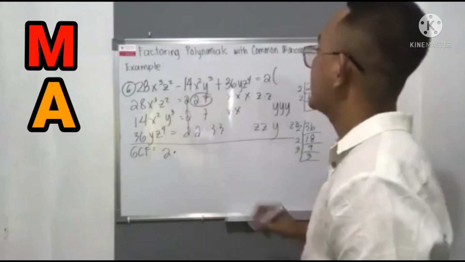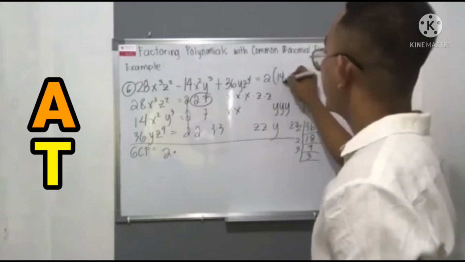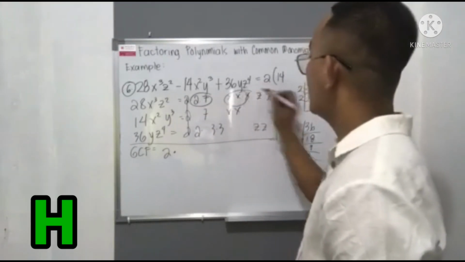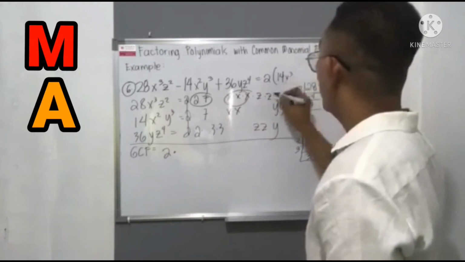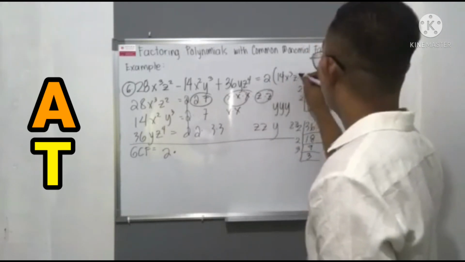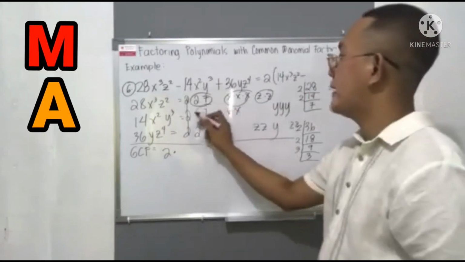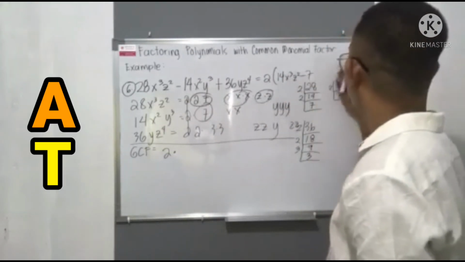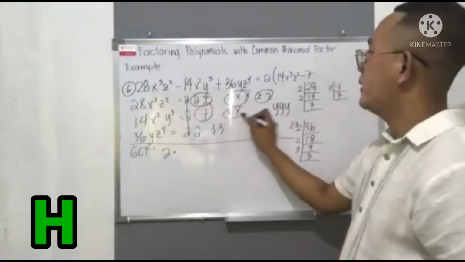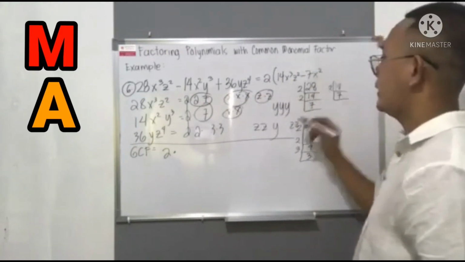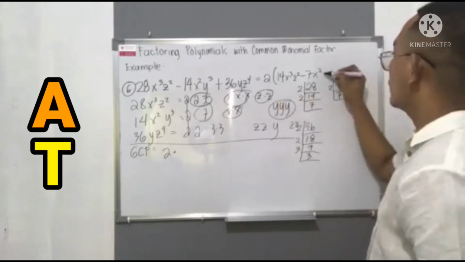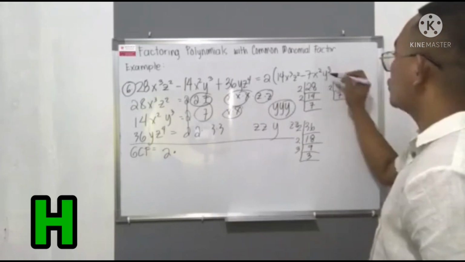2 times 7 equals 14. And then we have x cubed, and then z squared, minus, for the second term, ang natira is 7, and then x times x, x squared, and then y times y times y is y cubed.